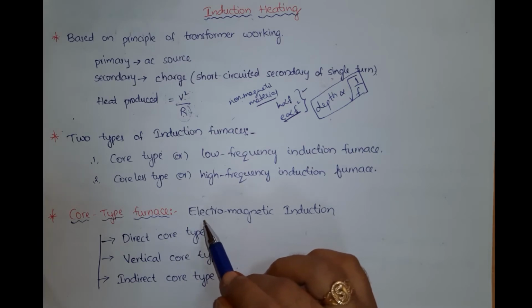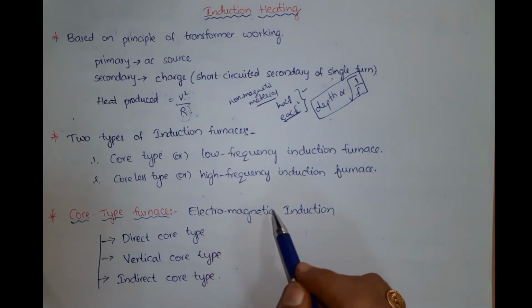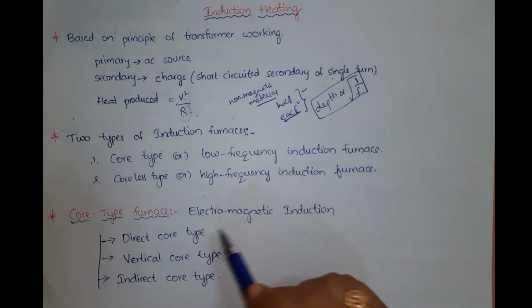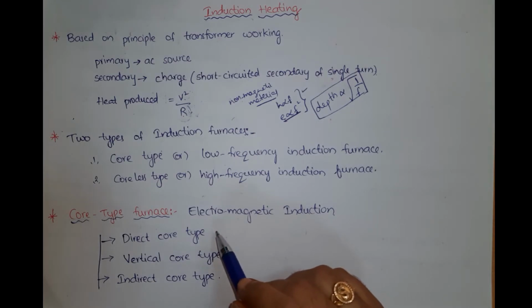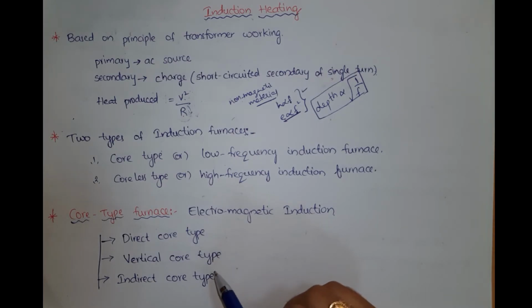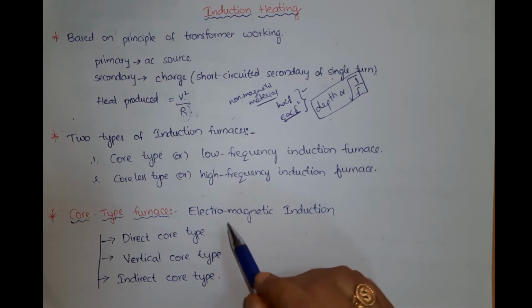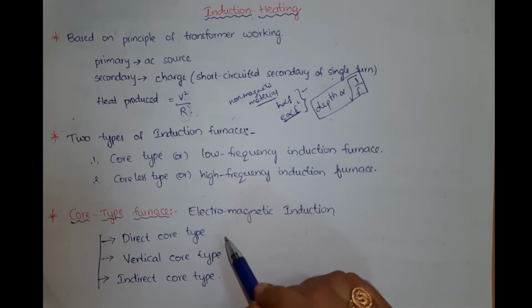This core type induction furnace mainly works on the principle of electromagnetic induction, right? The classification is again done into direct core type, vertical core type or indirect core type. Now let us see each one of these induction furnaces in detail one by one.